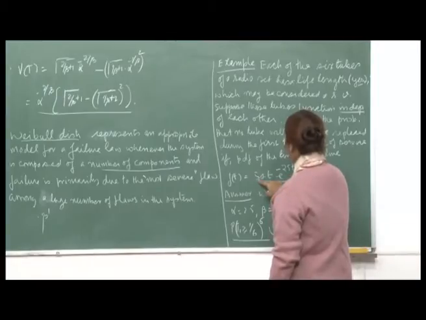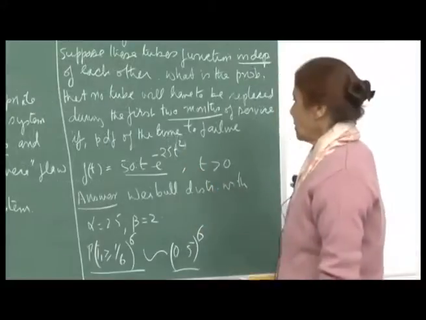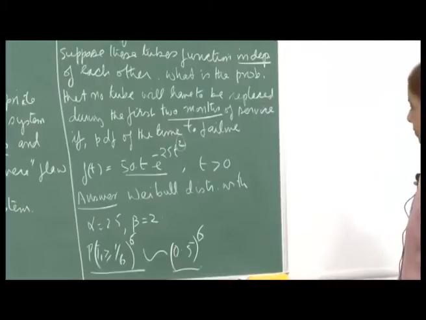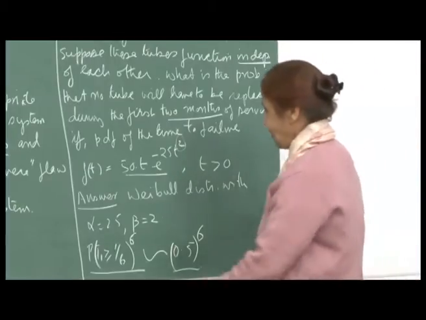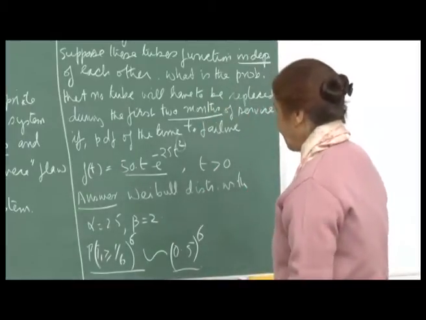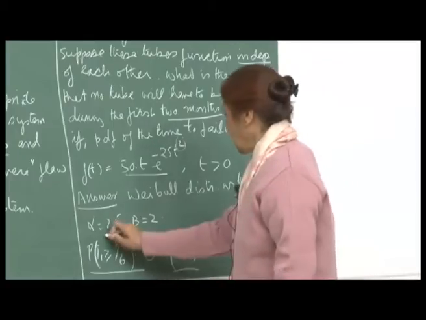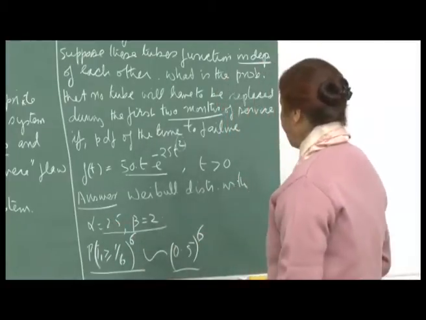So, this is alpha beta t raised to beta minus 1 e raised to minus alpha t raised to beta, which is the Weibull distribution. We have not made this computation for the Weibull distribution, but certainly you can do it, or use numerical methods. So, essentially it is a Weibull distribution with these parameters.